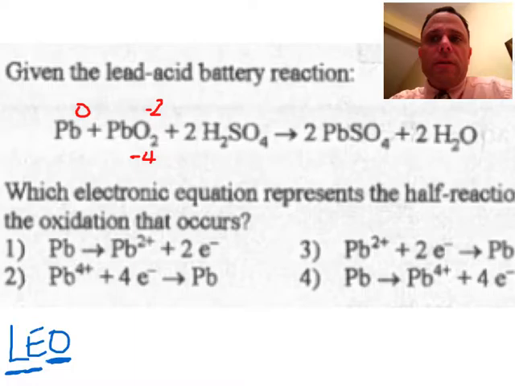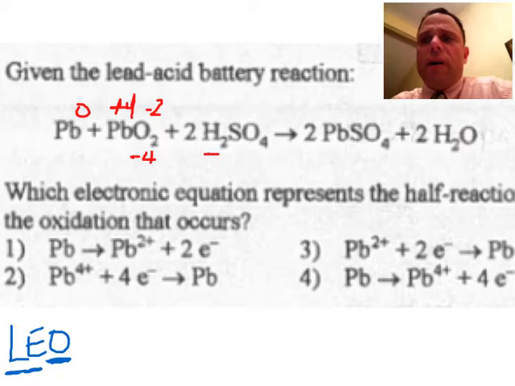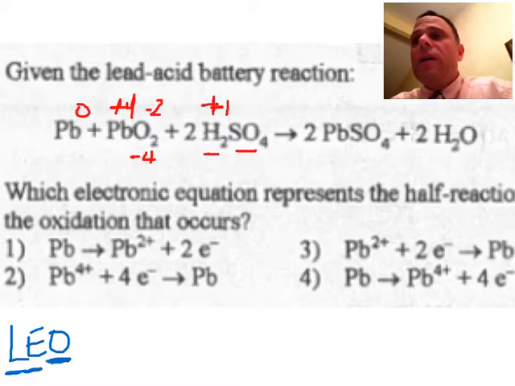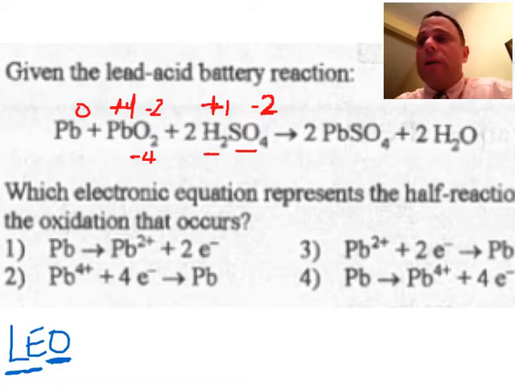So this lead must be a +4. And here we have H2SO4. The hydrogen must be a +1, while this is a -2. You could confirm that by looking at the periodic table.